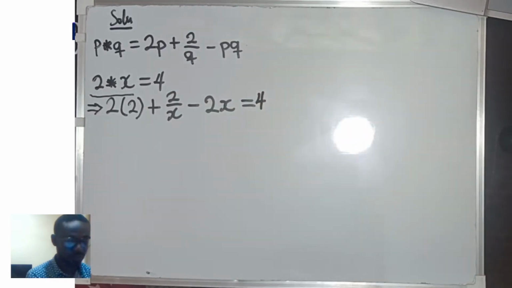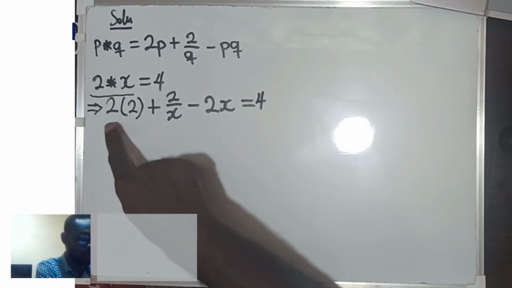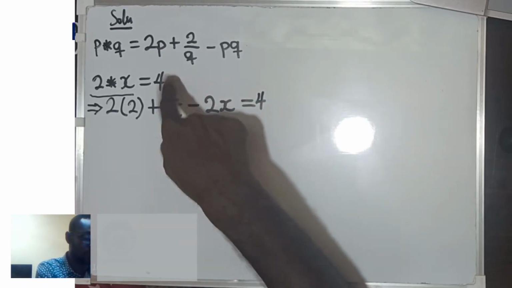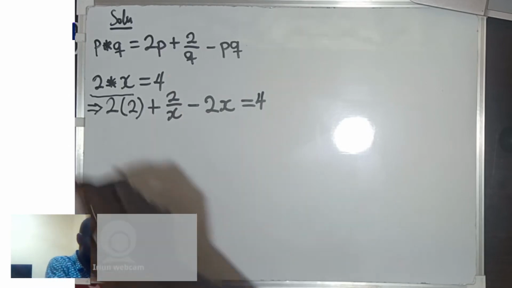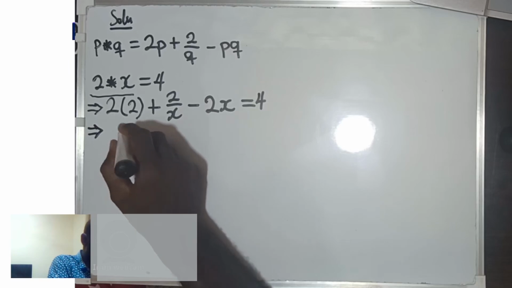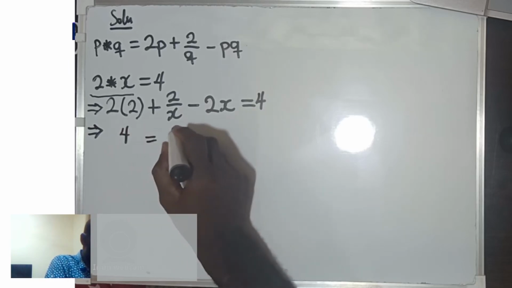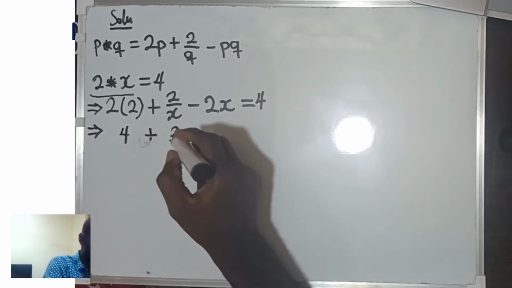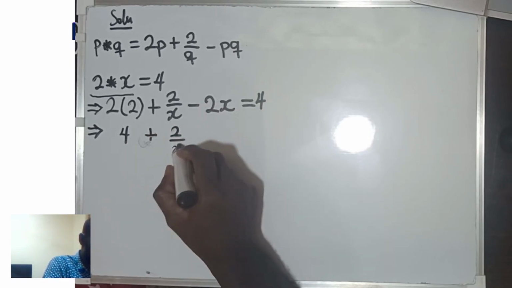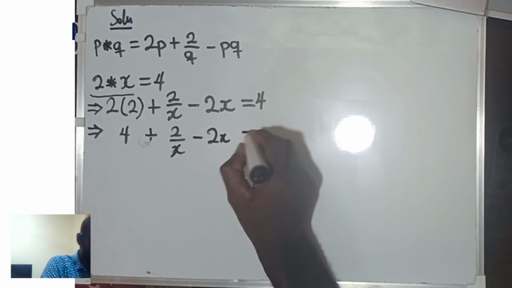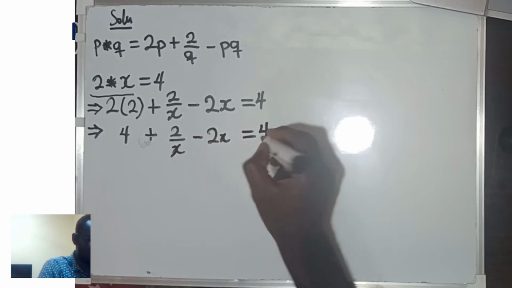So we have to write it. Everything here is equal to 4, just as they have given it to us. Now let's simplify this further. So 2 times 2 is 4 plus 2 over x minus 2x equals 4.